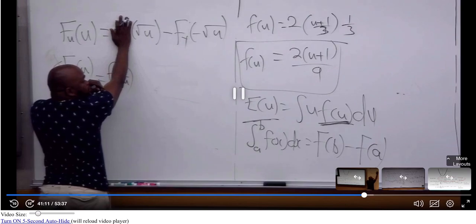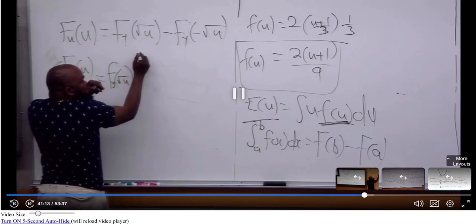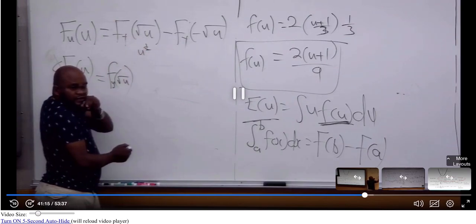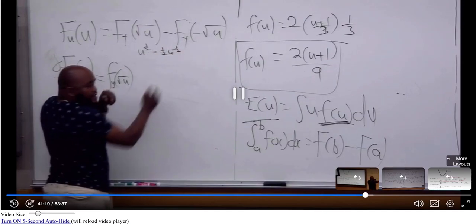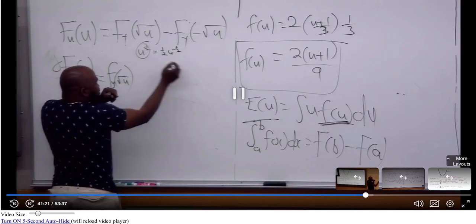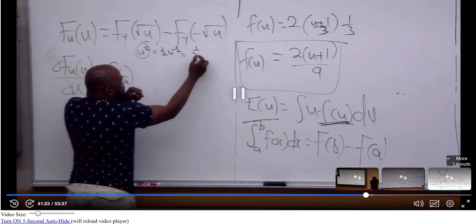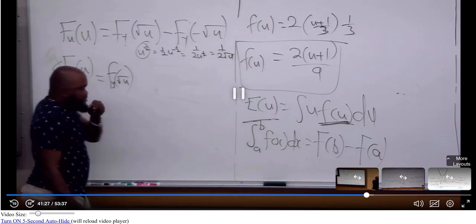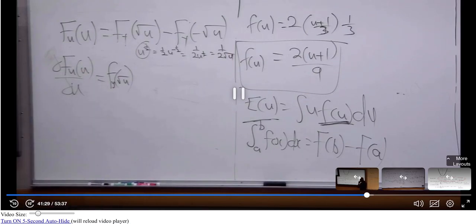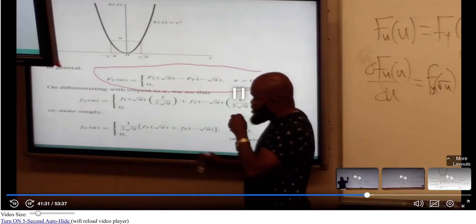Then block this, and differentiate this. This is the same thing as this. Differentiating that, that was why you got this here. So which is going to be this now?